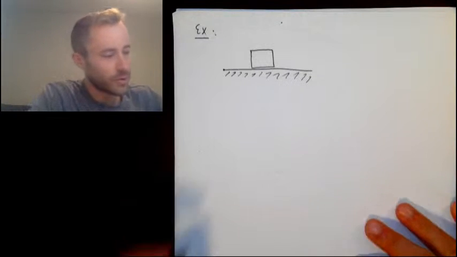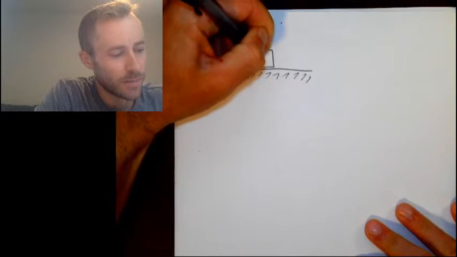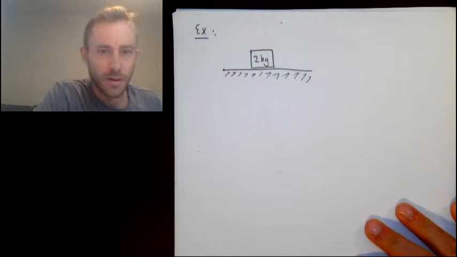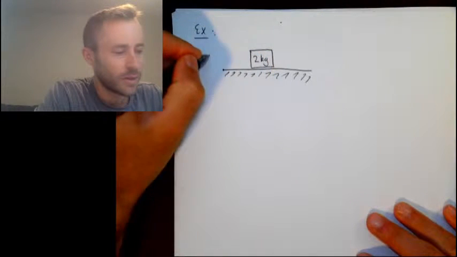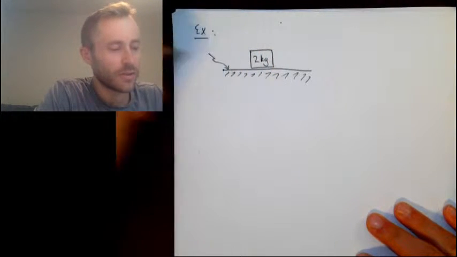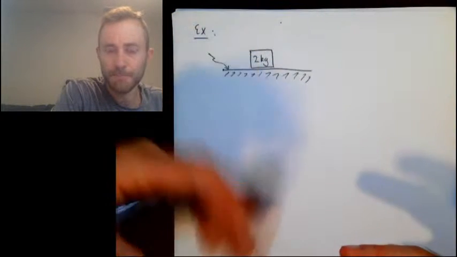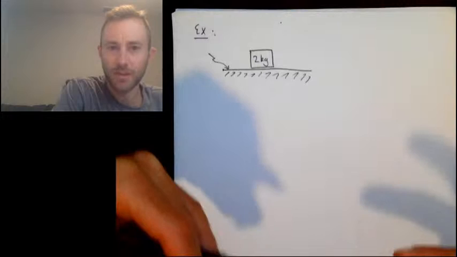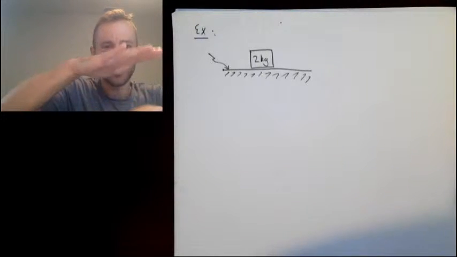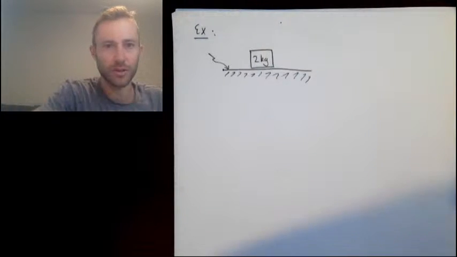So let's suppose that you have a 2 kilogram object on a surface, and again, the coefficients of friction are a property of the interface of what two things are against each other.